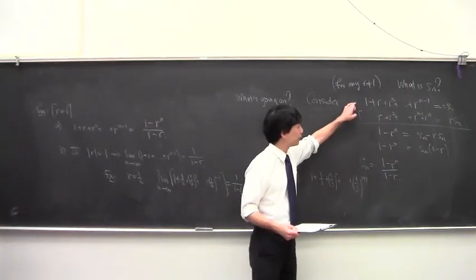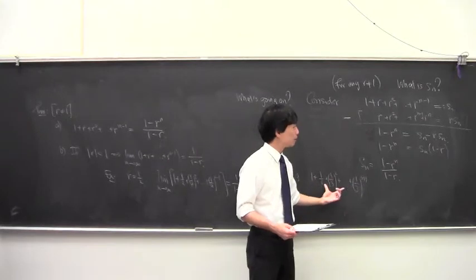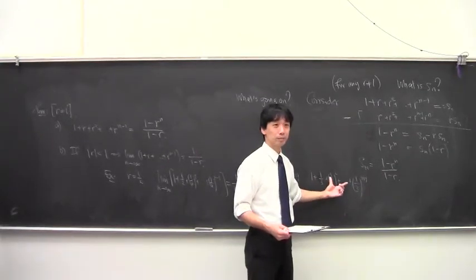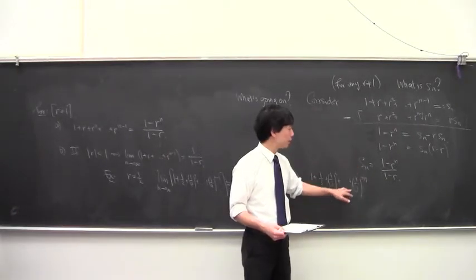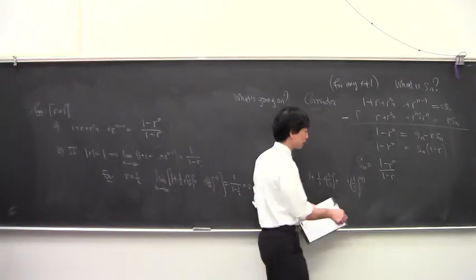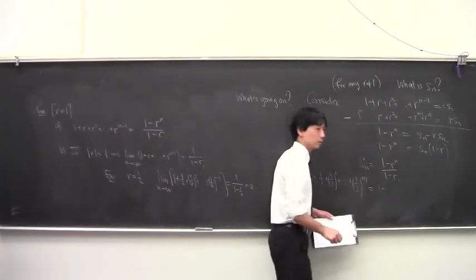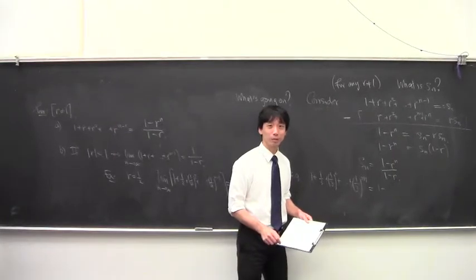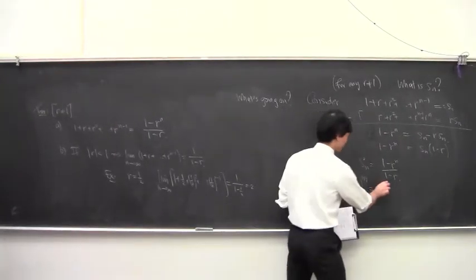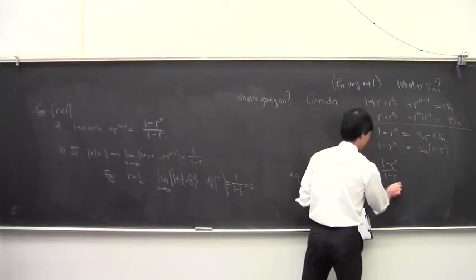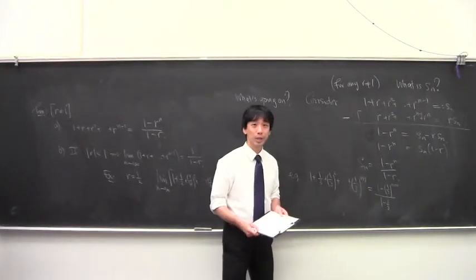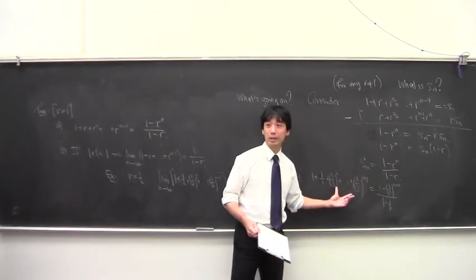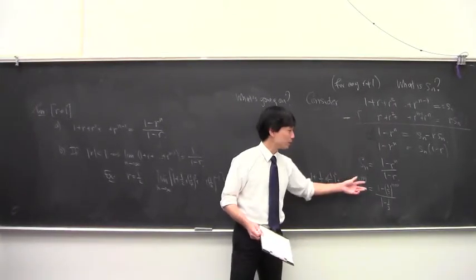Well, what we've just seen is that the sum of the first 1,000 terms is going to be, can somebody read it off for me, 1 minus r, what's my r? 1/3. 1/3 to the 1,000 over 1 minus a third. Okay, so that's the sum right there. Just sum the 1,000 terms using this formula.